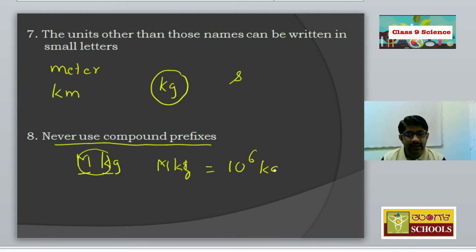This will be the correct method. So never try to use compound prefixes. If at all you are using them, make use of their powers of 10. That will be better for you. I hope you followed all the rules which I discussed.